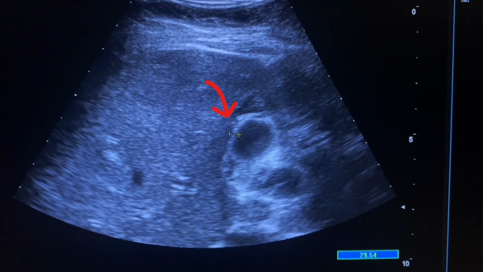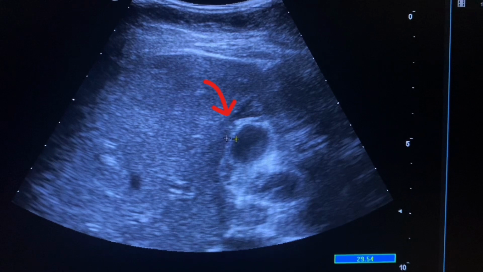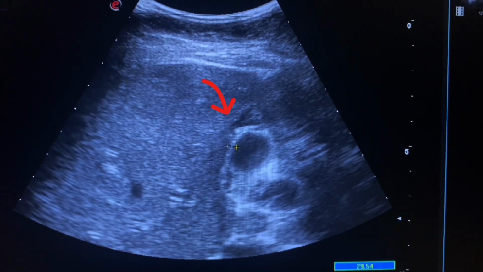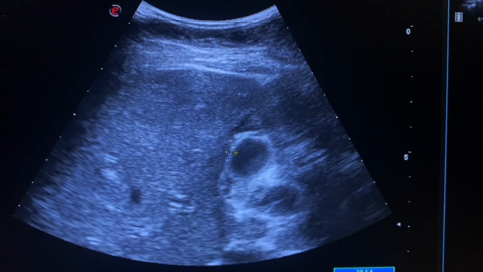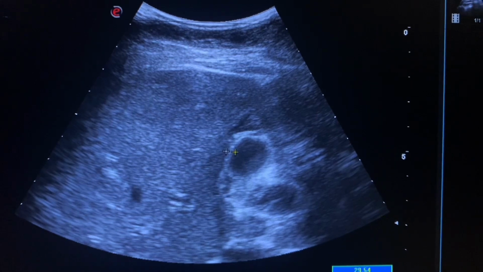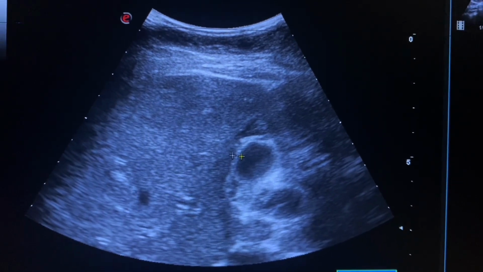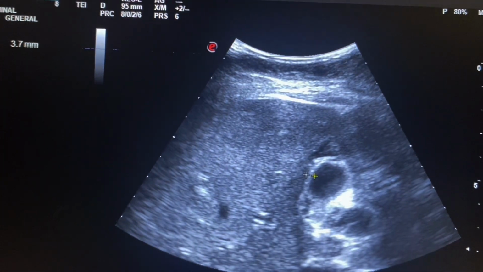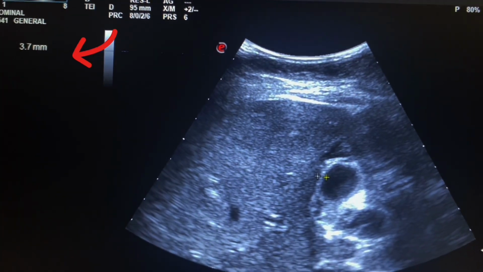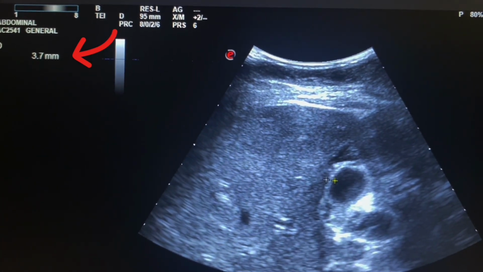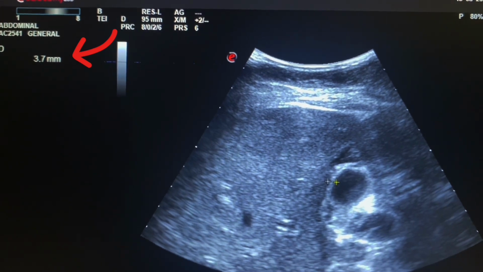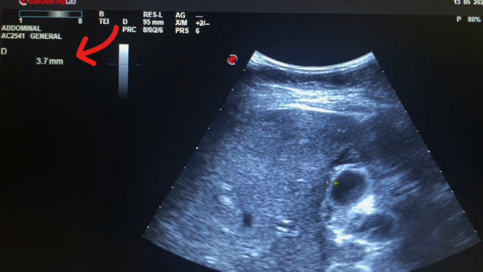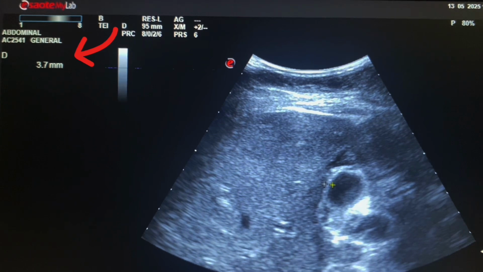Now we will measure the size of the gallbladder wall. The size of the gallbladder wall is 3.7 millimeter, which shows inflammation.